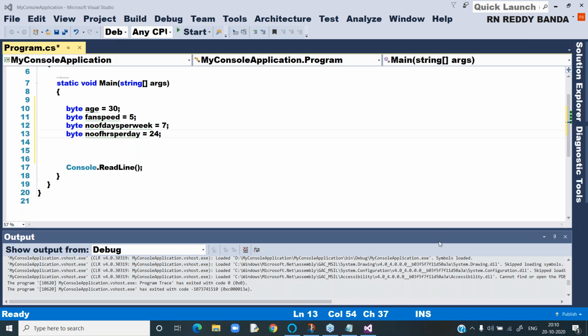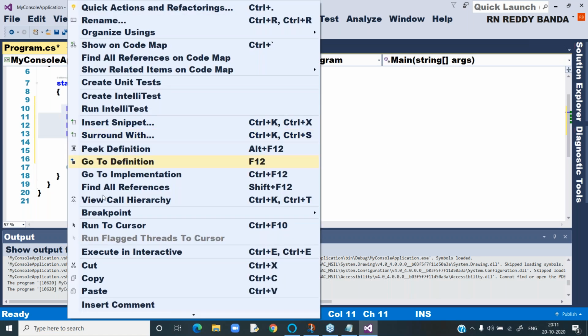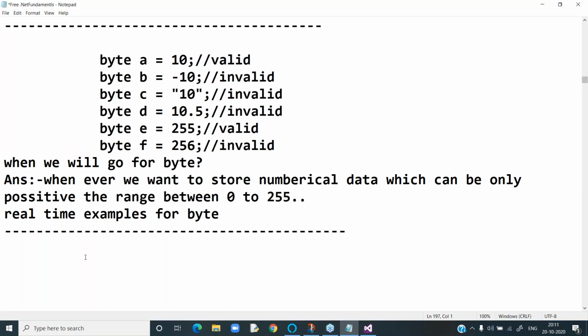Like number of days per month. This is the story. Understood, all of you? Hello, clear? So now come back to our discussion.